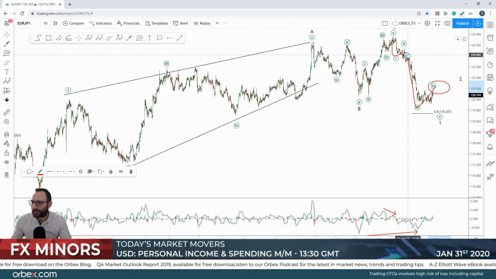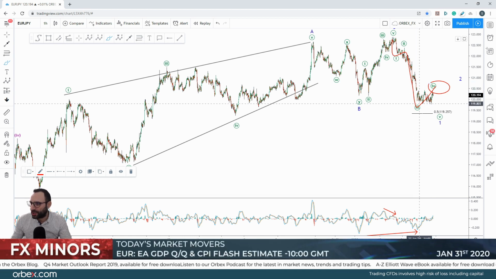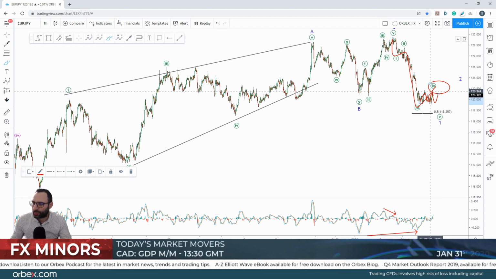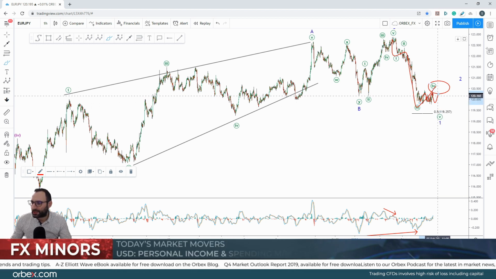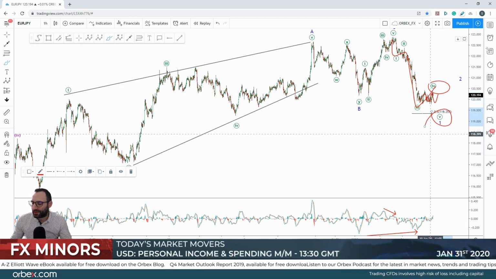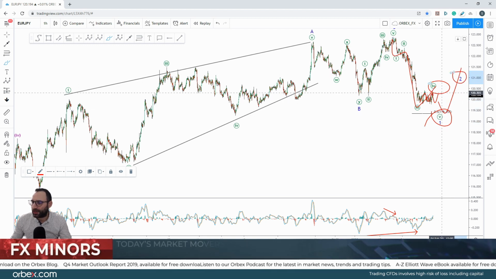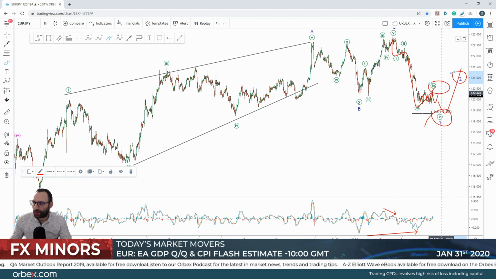This is what at least this structure suggests. So we're now moving in a corrective flat, let's just say, which could continue a little bit longer, or we could see a breakout to the downside soon. That being said, this is to take out wave 1, and then most likely going to move a little bit higher to see the corrective wave 2 being taken out.